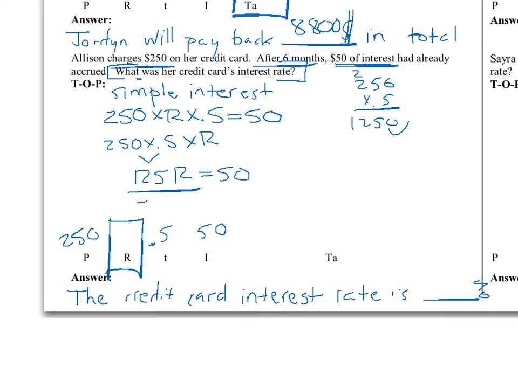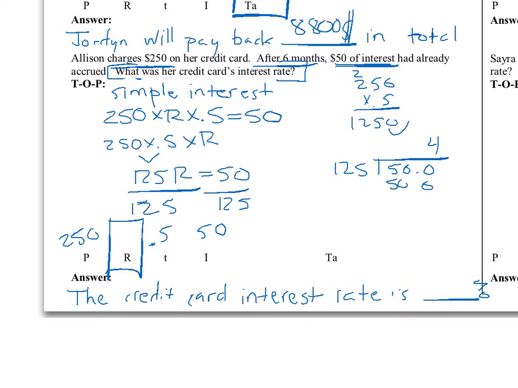Divide by 125 to solve the equation. Top dog goes in the house. 50 divided by 125. 125 goes into 500 4 times.